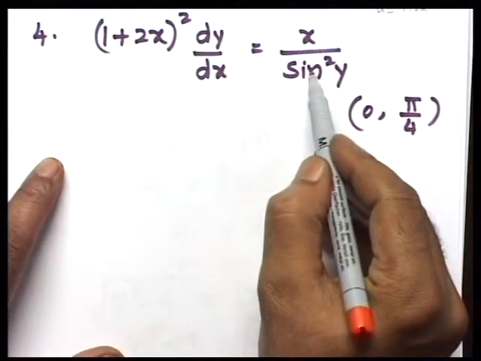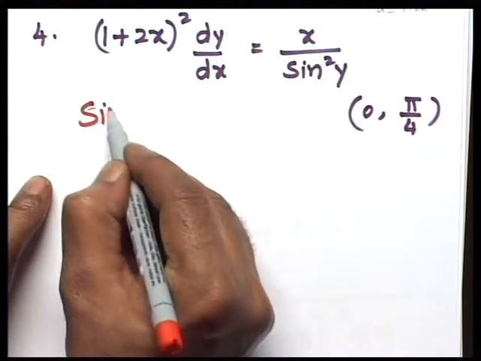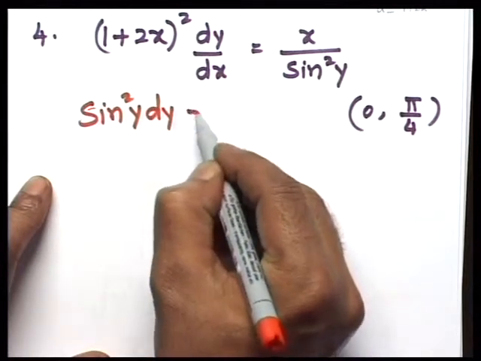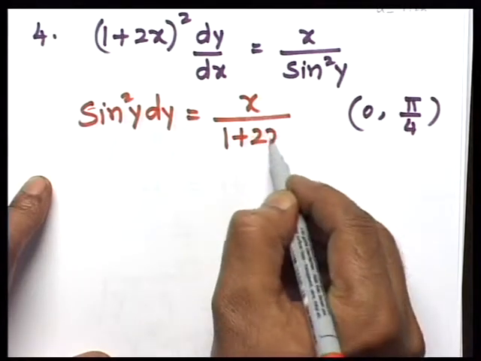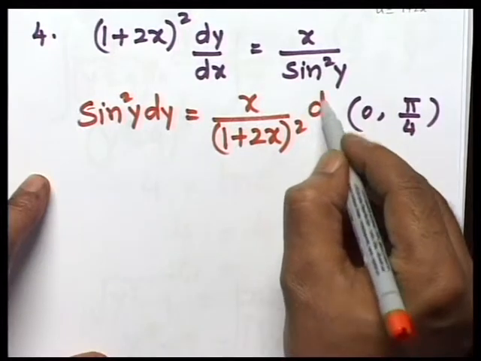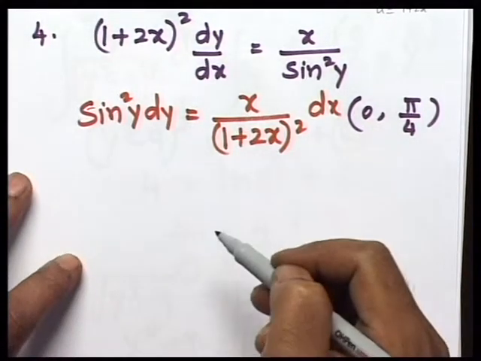Let's take the sine square y here. Let's do it slowly. Sine square y dy will stay there, equals x divided by (1 plus 2x) whole square dx. Okay, we can do it in many ways.